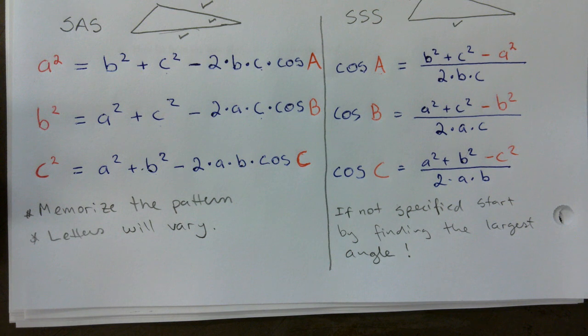If the question doesn't specify, hey, solve for this angle, then what you will do is find the largest one and start there. Where is the largest angle going to be located? Across from which side? Largest angle will be across the longest side, right? I talked about that. So if you look at all 3 sides, it's like 3 centimeters, 4 centimeters, 8 centimeters, then across the 8 centimeters is the one that's going to be the largest angle. So that's the one you're going to start with.